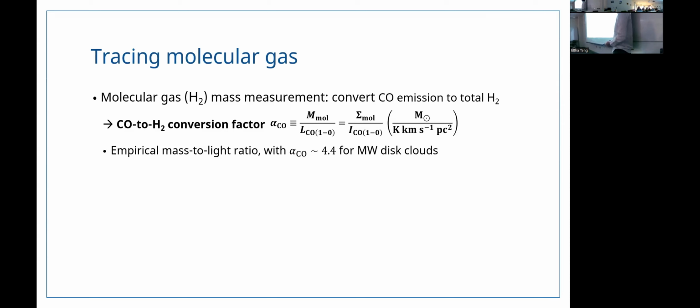And previous studies have found this alpha CO to be roughly constant at about 4.4 across the Milky Way disk molecular clouds. And so many studies simply assume this constant Milky Way value to derive molecular gas mass and other properties in all kinds of regions or galaxies.